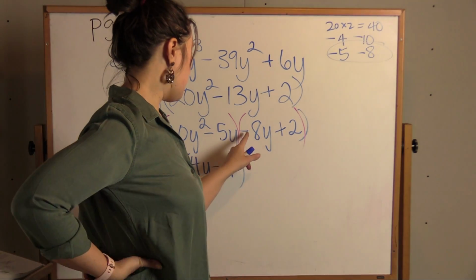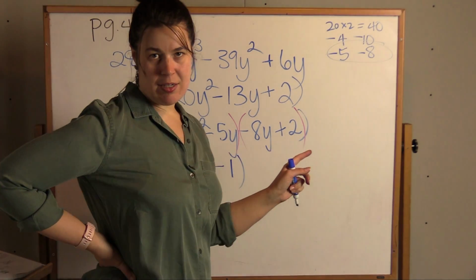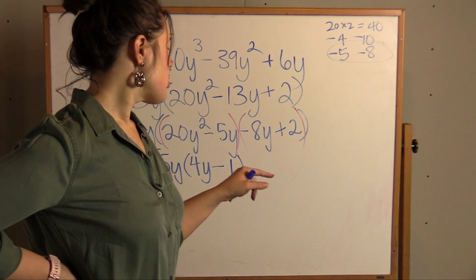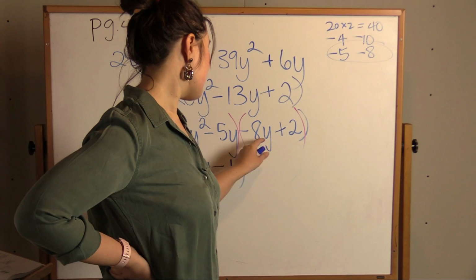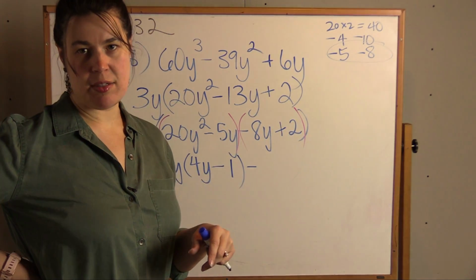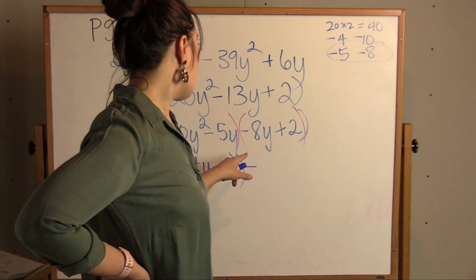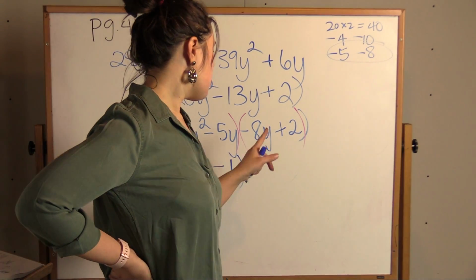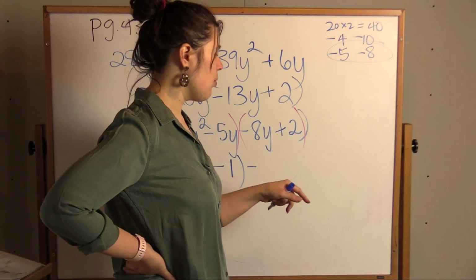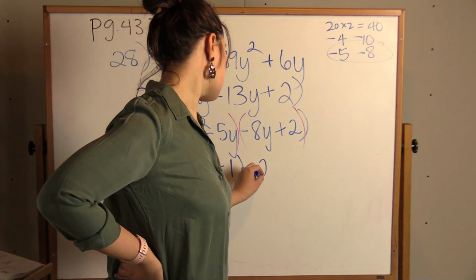Okay, now on this one, this is a minus sign. So what that means is I'm going to factor out a negative. By putting this negative here, that means everything in this parenthesis group is changing signs. Okay, so I have minus, and now I'm going to look at my factors, and then we'll look at how the signs are affected. So 8 and 2. I can factor out a 2 between those.